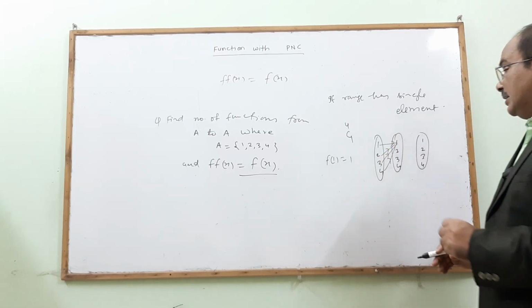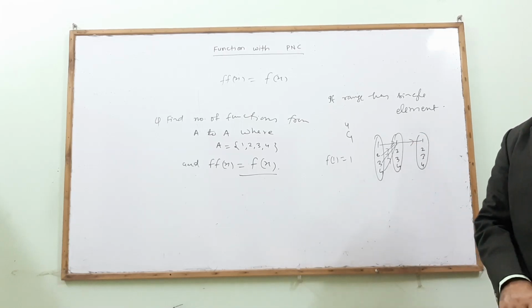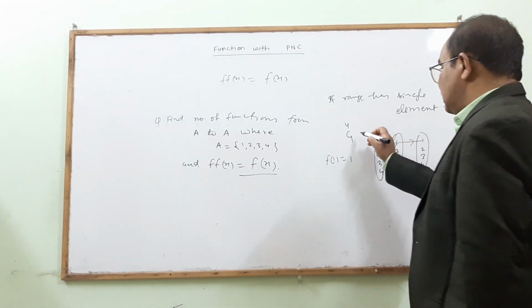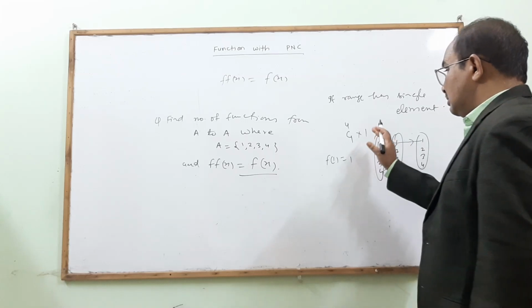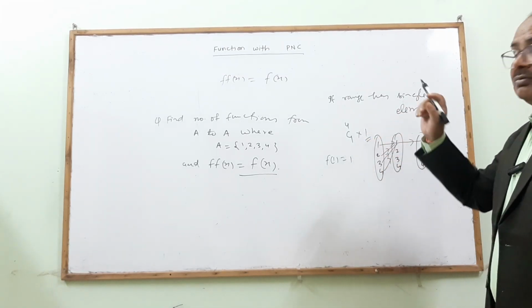For only one element in the range, this will be the system. It is one way, and the number of selections is 4C1, so 4C1 times one way.